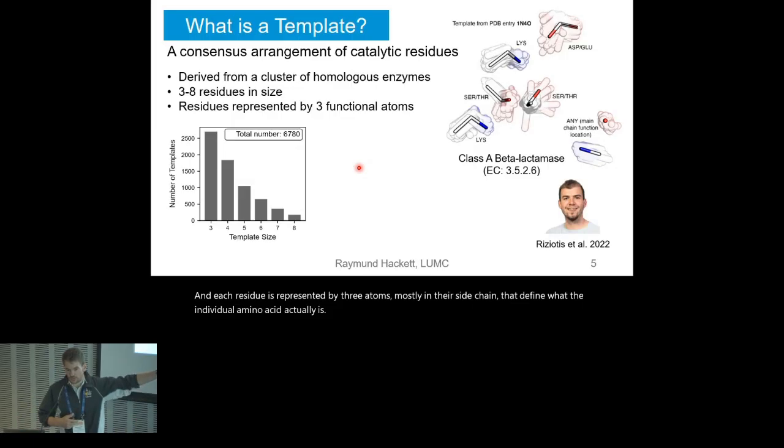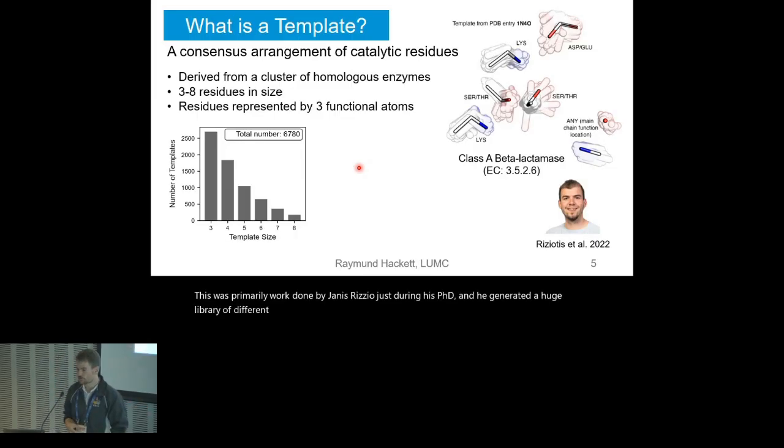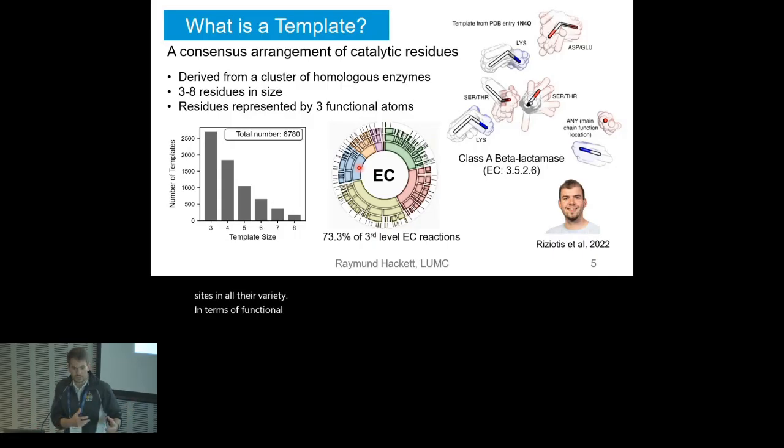This was primarily work done by Yannis Riziotis during his PhD, and he generated a huge library of different templates. We've got almost 7,000 different templates that describe catalytic sites in all their variety. In terms of functional coverage, the MCSA, we cover approximately 2/3 of all EC numbers at the 3rd level.